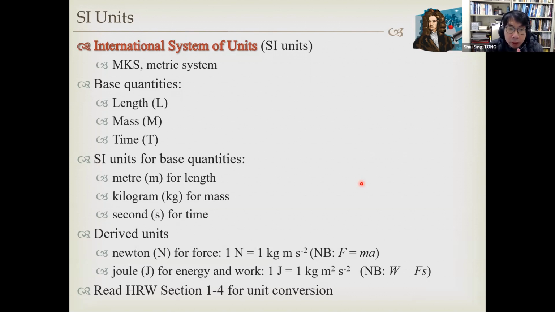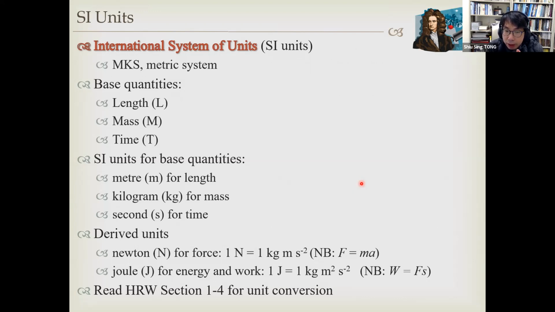for time. And how about the derived units? For example, Newton is a unit of force. I think you know it from your high school physics. Newton is actually a derived unit because it is defined by Newton's second law. We know that Newton's second law is F equals ma, and the right-hand side is mass times acceleration.